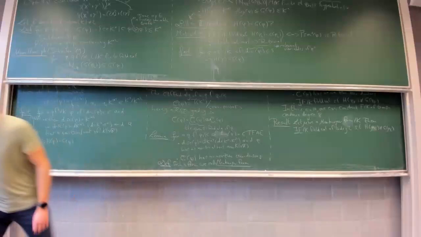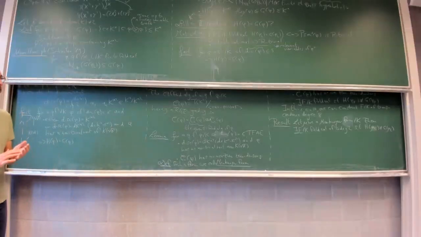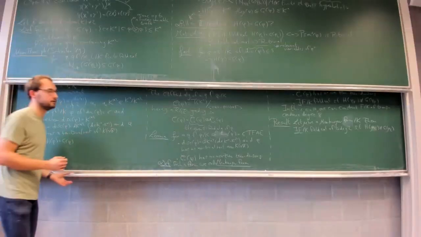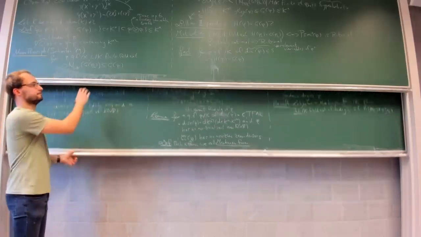And so for this, let's have a look at a sketch of proof of why one can already find one of transcendence degree 2.